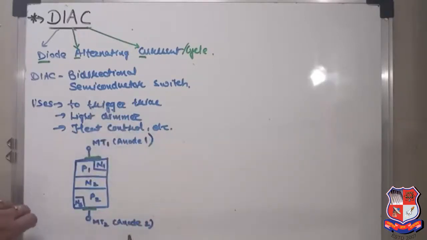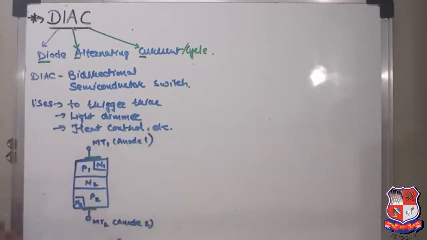So now let's understand the working of a diac. How does it work? There is no control terminal. See, as we know, in an SCR and in a triac there is a gate terminal, and the gate terminal acts as a control terminal.